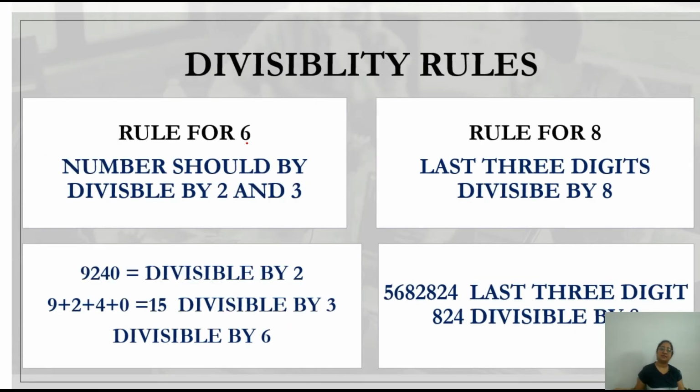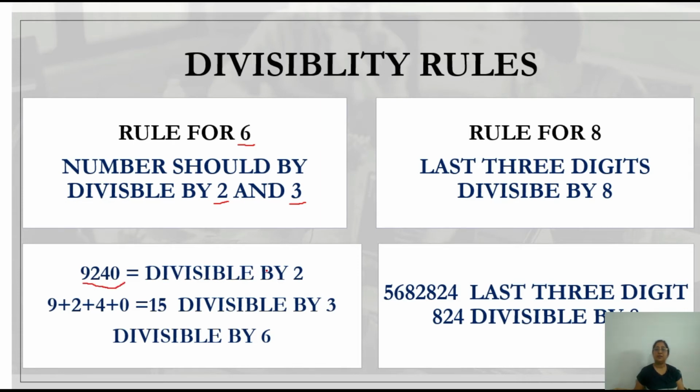Rule for 6. For that we have to check the divisibility rules of 2 and 3. The number should be divisible by 2 and 3. Then it is surely divisible by 6. So for a number like 9240, we will check whether it is divisible by 2.